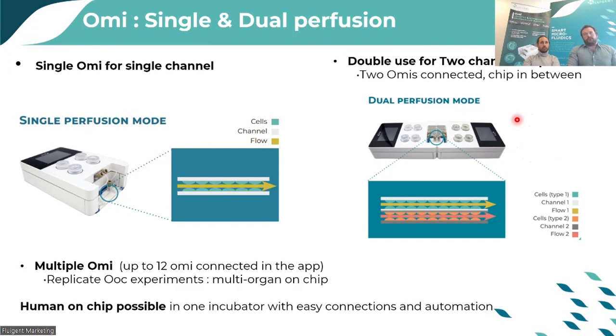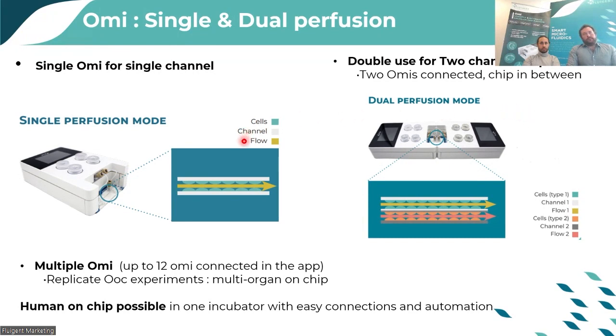For an application, for example, that has two different organs, you can flow those two channels that belong to the same chip, but with two OMIs. Basically, one OMI deals with one channel, but if you have one chip with two channels, you can couple two OMIs so that they will perfuse the two channels together.